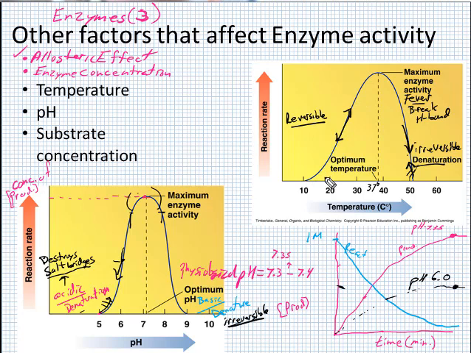The rule of thumb is the rate doubles for every 10-degree Celsius rise in temperature. So from 20 to 30, we should see about a doubling for every 10-degree rise. That's just a general rule of thumb. But the main thing is any chemical reaction is faster at higher temperatures.